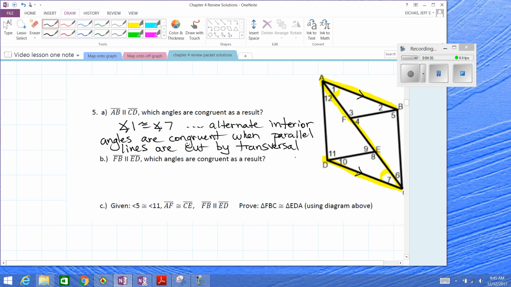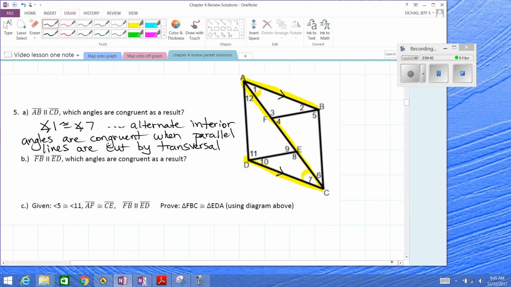Now, if FB is parallel to ED, that's this. Wait a minute. Where's FB? Oh, right here. Sorry, I was struggling to find that one. So FB is parallel to ED right there. And here we go again. Think about the backward Z, inside corners. So angle 4 is congruent to angle 9.